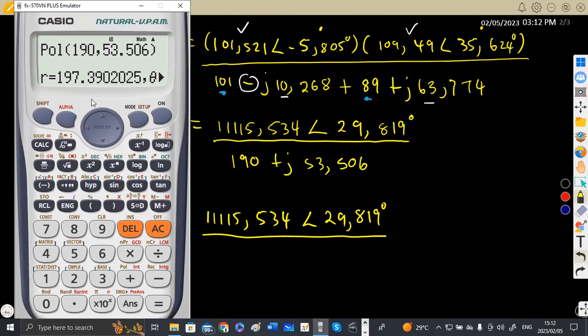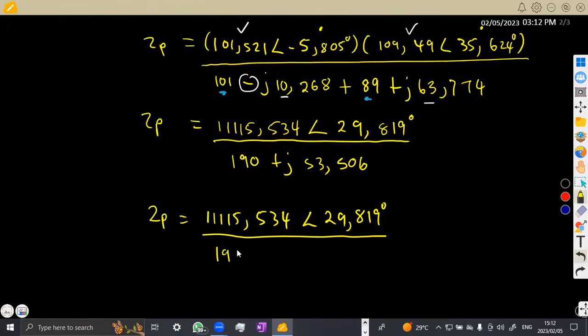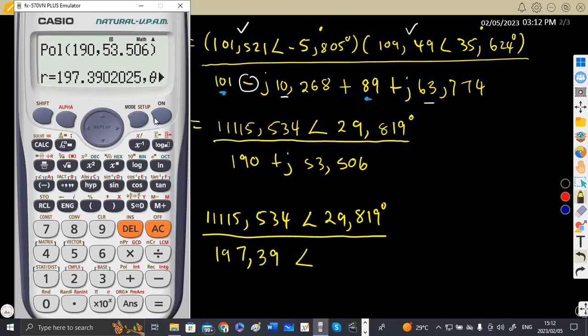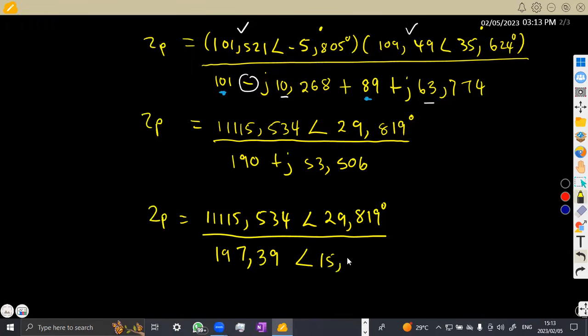So our R is 197.39. Angle of, we are given our theta here. So just move this to the right. That's 15.7277, which is going to be 15.728. If you round off that 7, it will give us an 8.